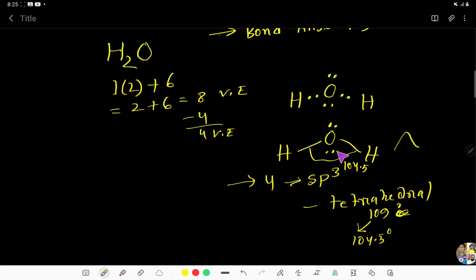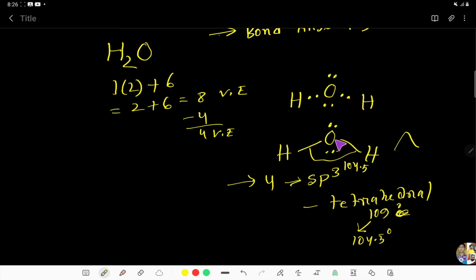So the hybridization, the bond angle and the shape we have already discussed. The shape of water is bent, that is, V-shaped. The hybridization of oxygen is sp3, and according to hybridization, the ideal shape or molecular geometry of water should be tetrahedral, but due to the presence of lone pairs, we have a V-shaped geometry of water.